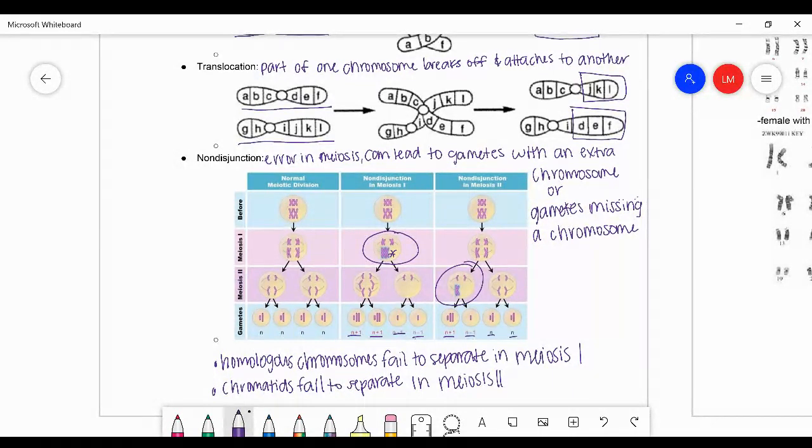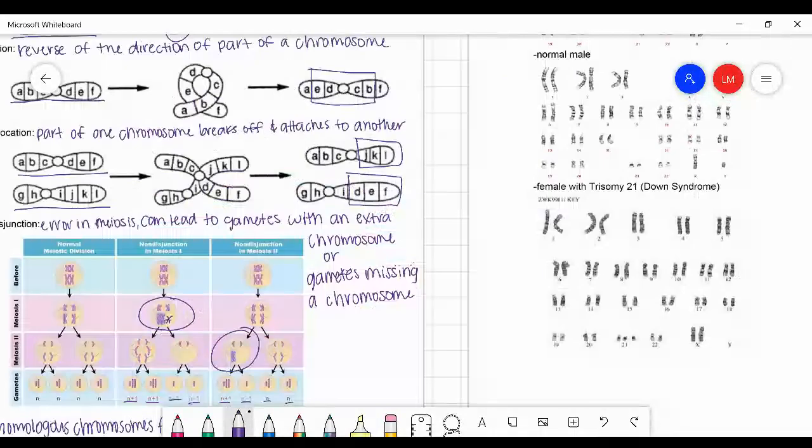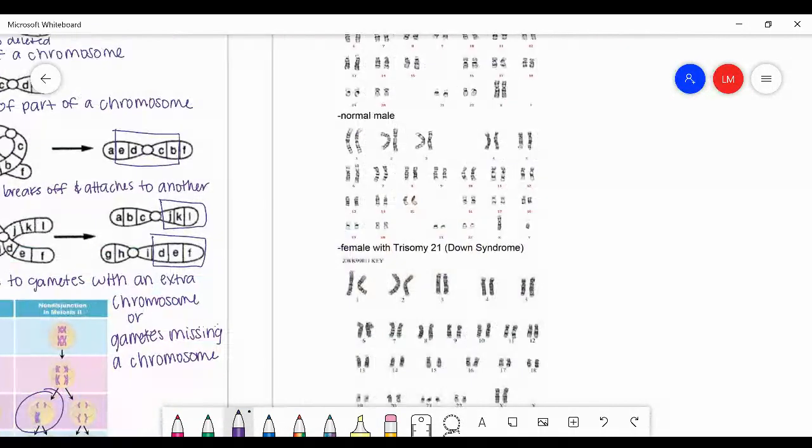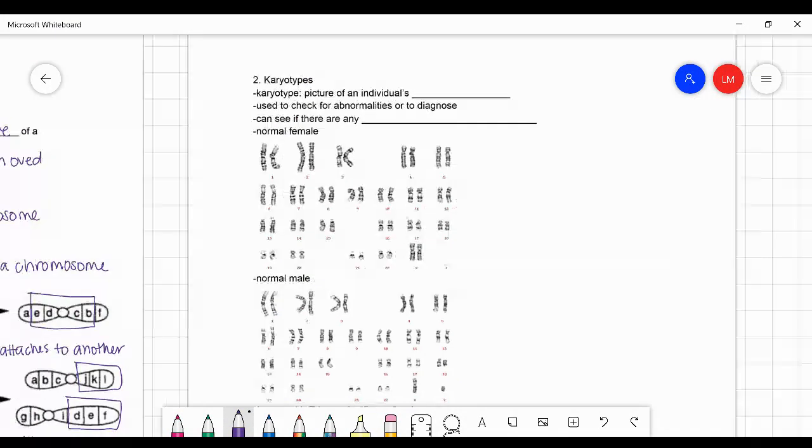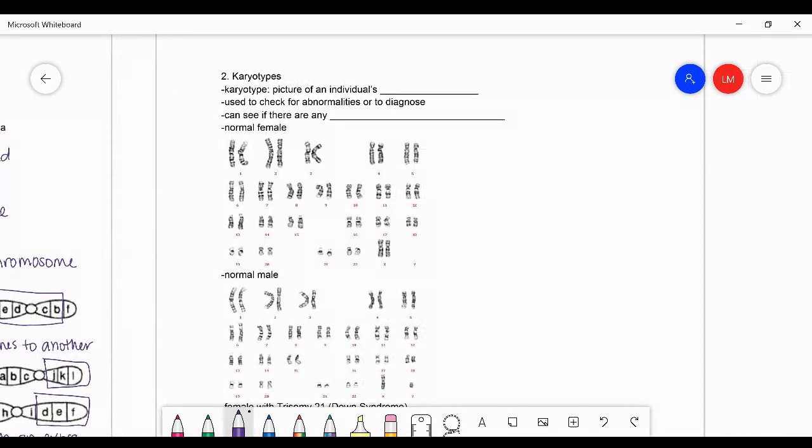And next we're going to, and also last, move on to karyotypes. Karyotypes are a picture of an individual's chromosomes. And those are used to check for abnormalities or to diagnose. So maybe this is done when a woman is pregnant to check for any abnormalities in the fetus.